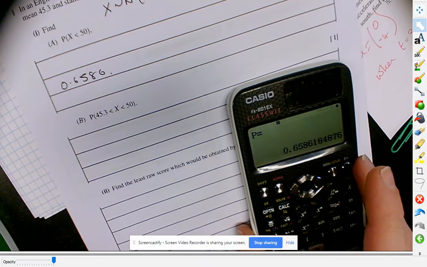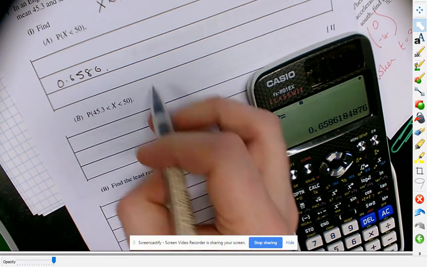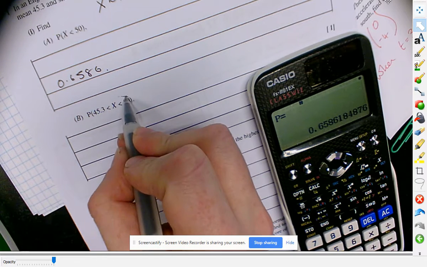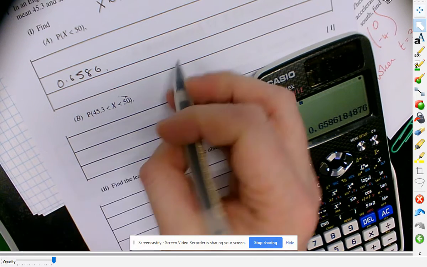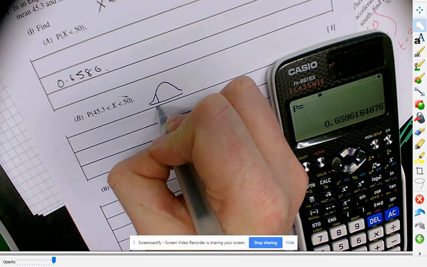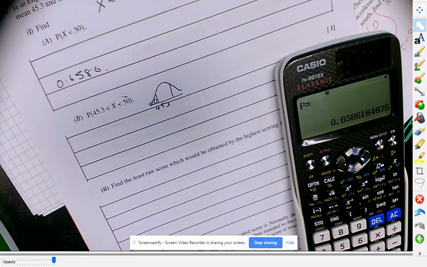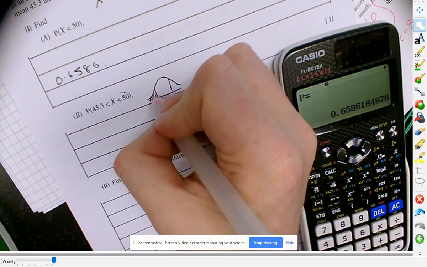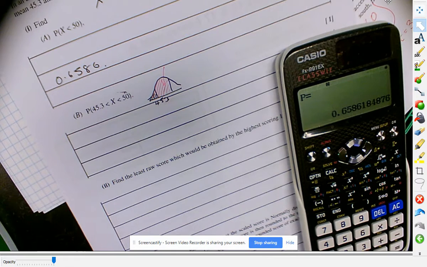Then for the probability between 45.3 and 50, we've already worked out the probability less than 50. So if we think of the curve, we've got 45.3. If we do this probability and take it away from the previous probability, then we're going to be left with the probability that we want in between the two.